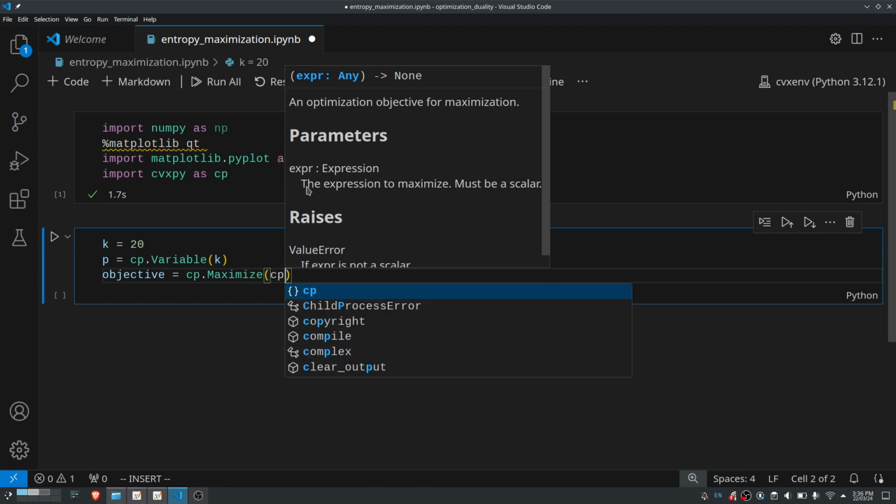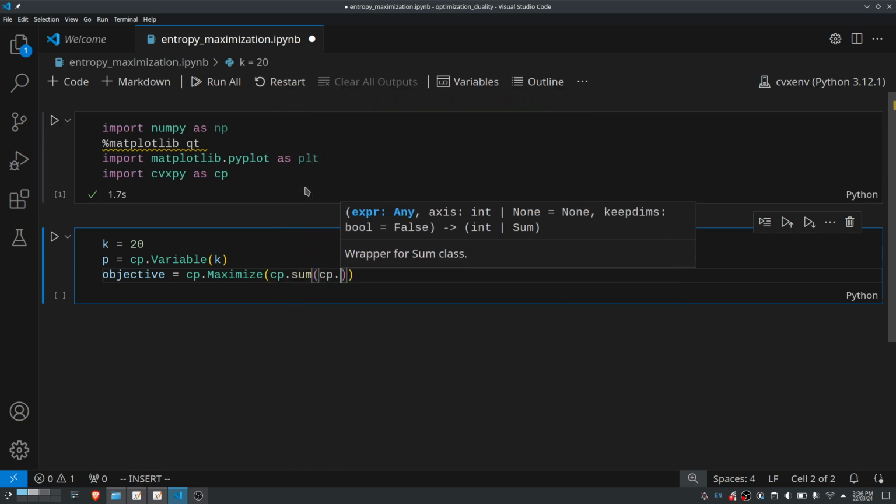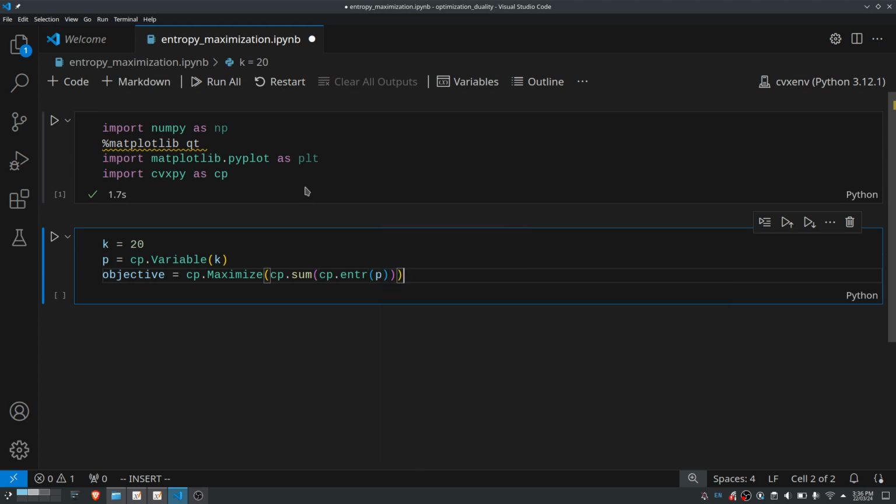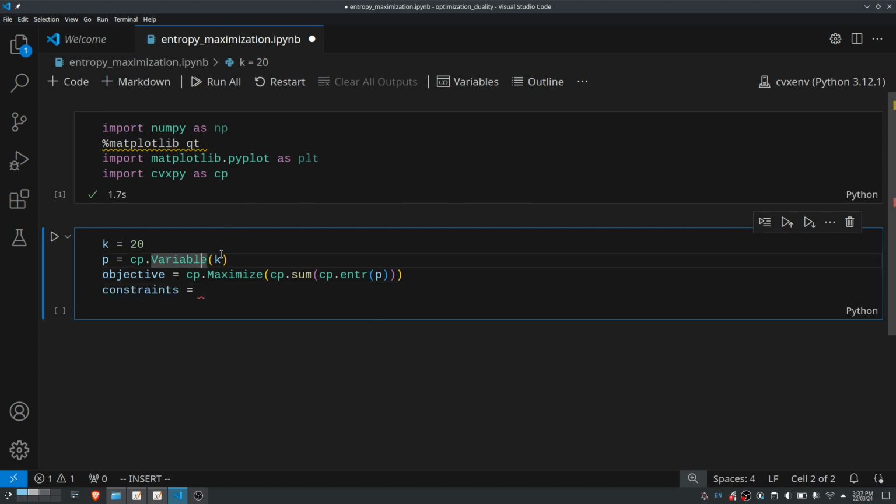So I just need to say cp dot sum of cp dot entr of p. Okay. Now, what are the constraints? p is a vector, right? It's a vector here with k entries. So cp dot entr is just x log 1 by x. It's going to apply that to each component. Yeah, they could have called it something different.